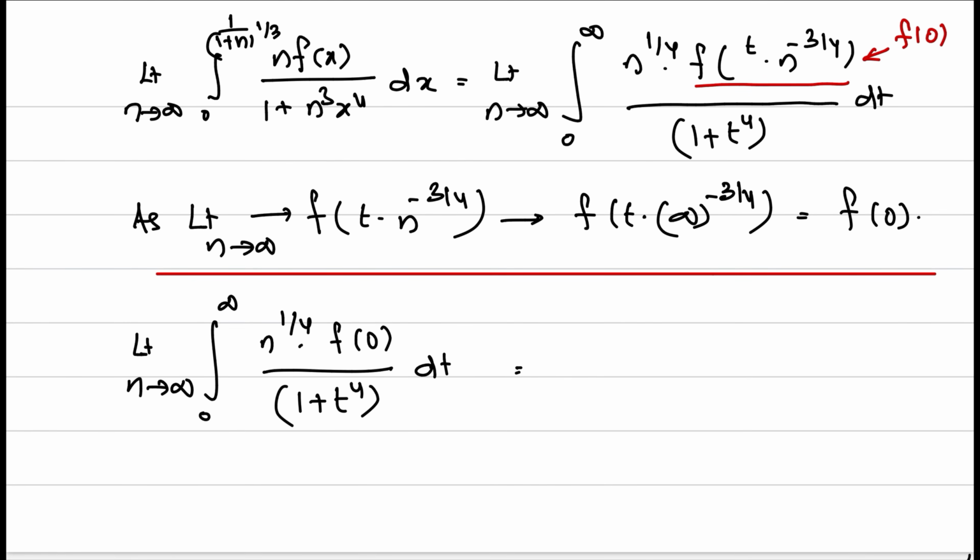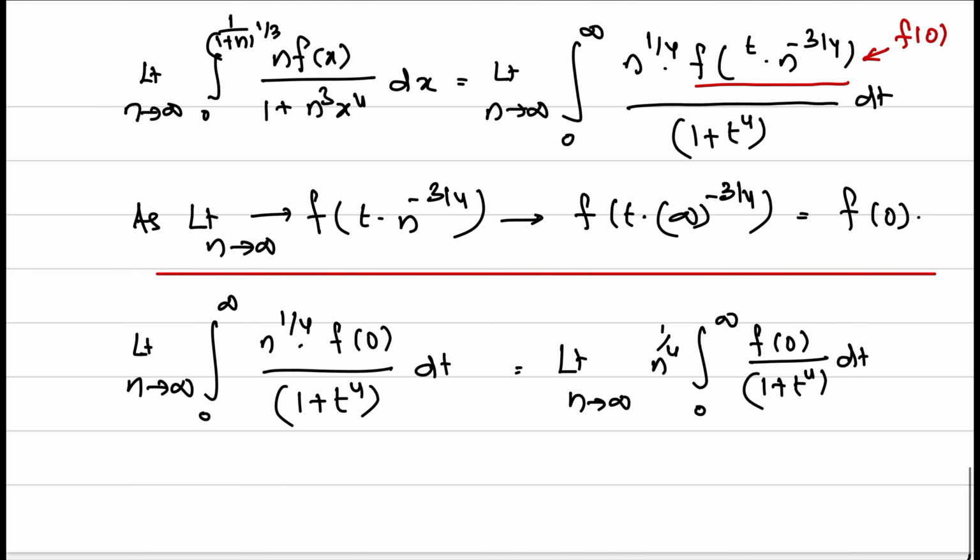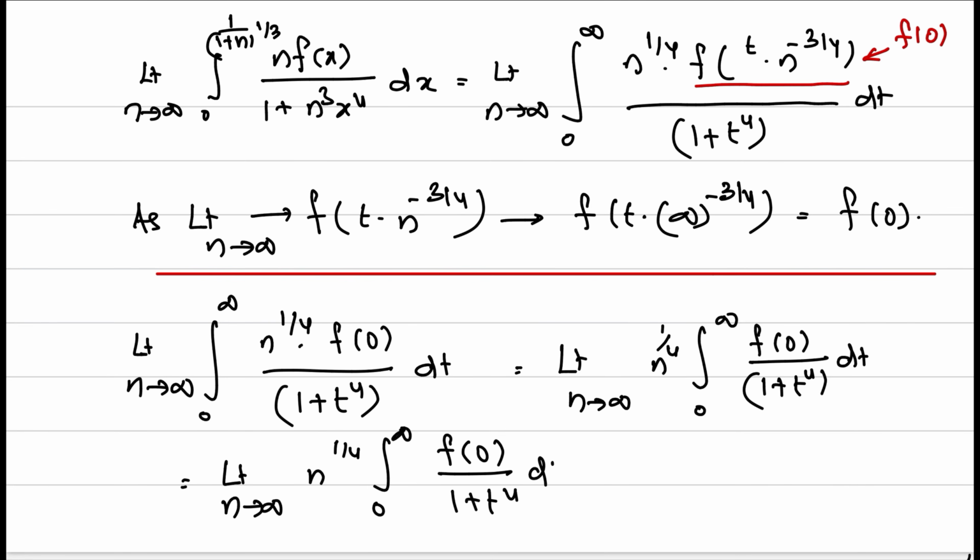That is equal to limit n tends to infinity n to the power of 1 by 4 into integral 0 to infinity function 0 by 1 plus t to the power of 4 dt.